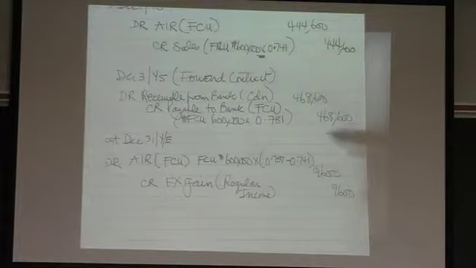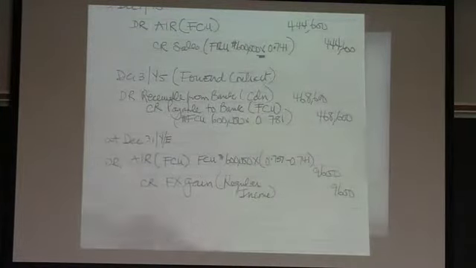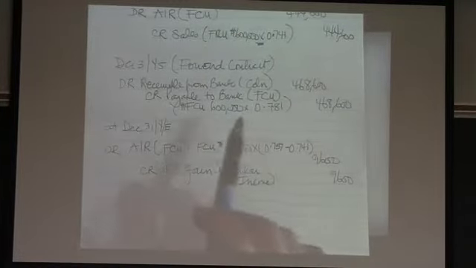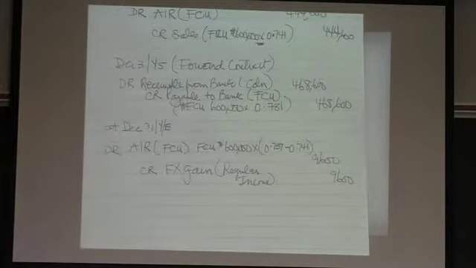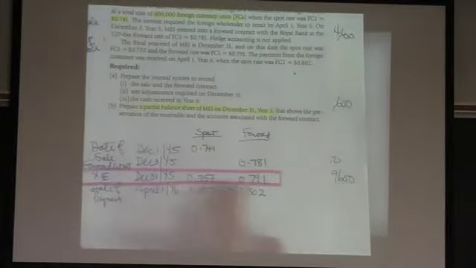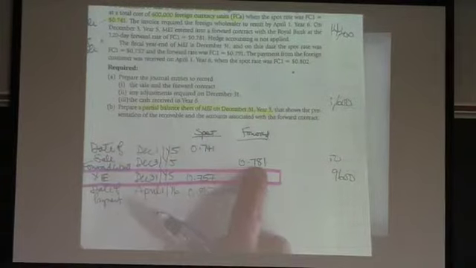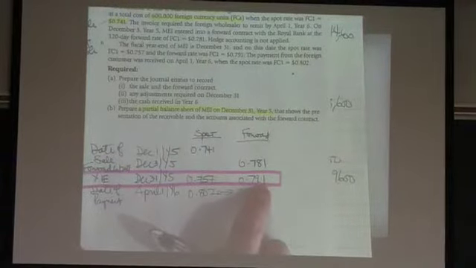So that's why these two are netted. However, at December 31st, the value of this payable to bank has now changed. And now you have a loss because now you've got a forward contract that went up. So you've got 0.781 to 0.791.